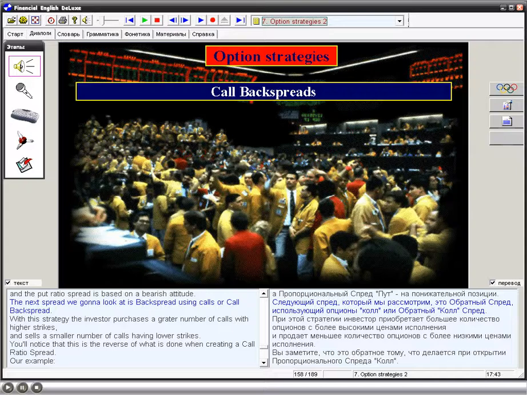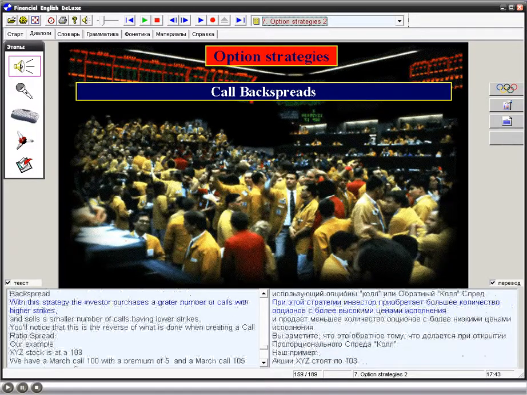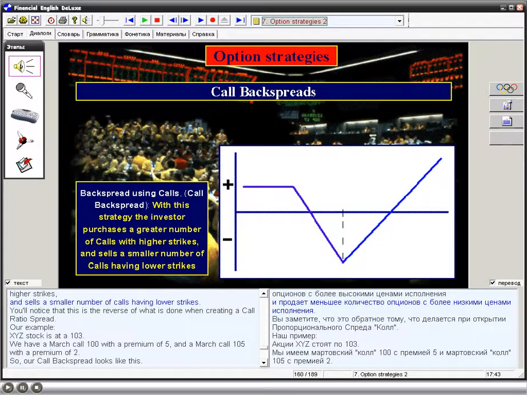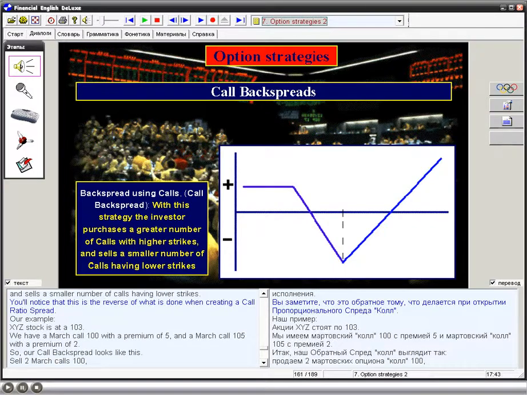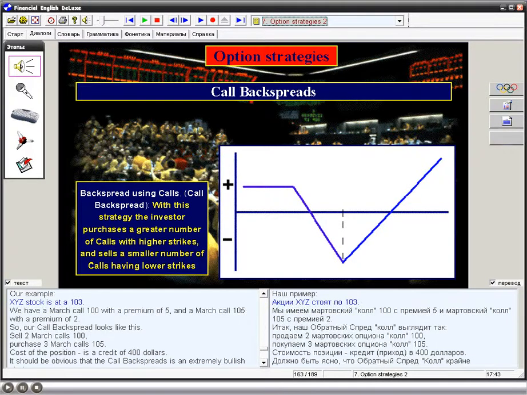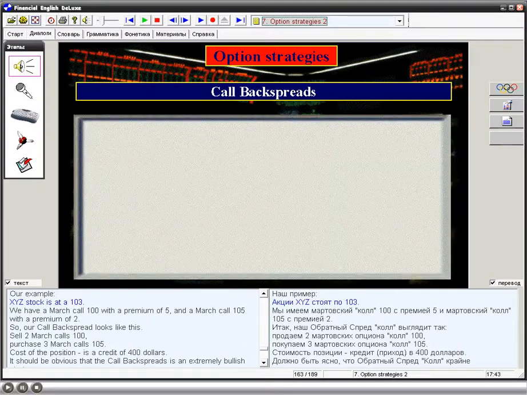The next spread we're going to look at is the back spread using calls, or call back spread. With this strategy, the investor purchases a greater number of calls with higher strikes and sells a smaller number of calls having lower strikes. You'll notice that this is the reverse of what is done when creating a call ratio spread. Our example.